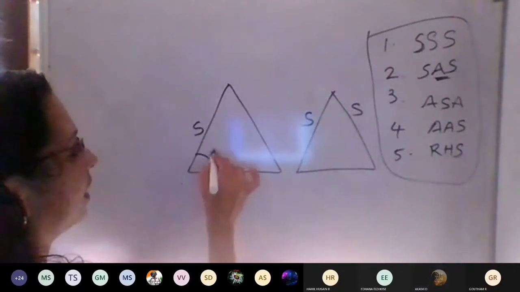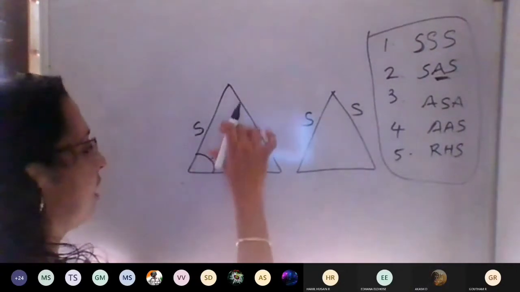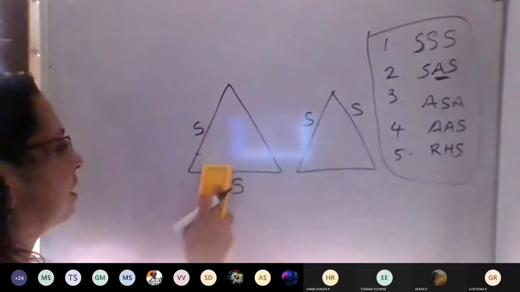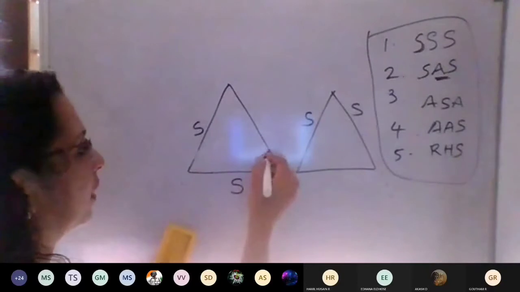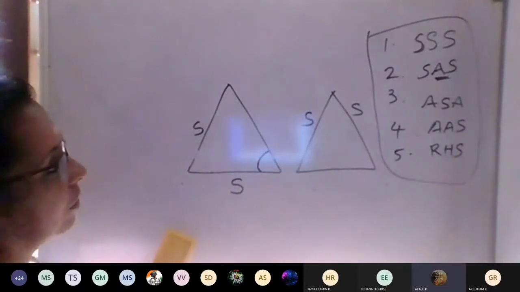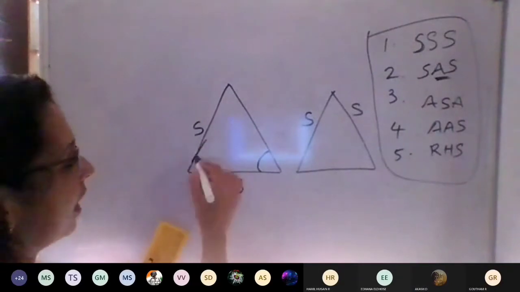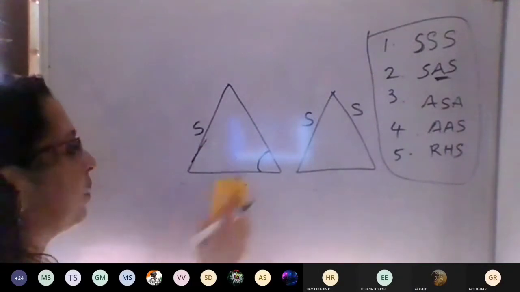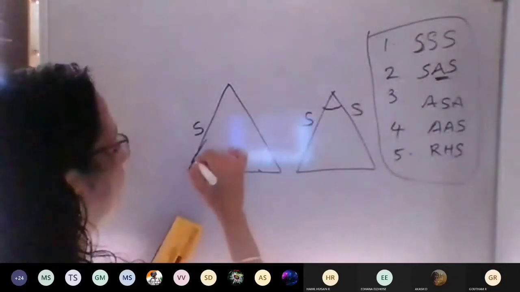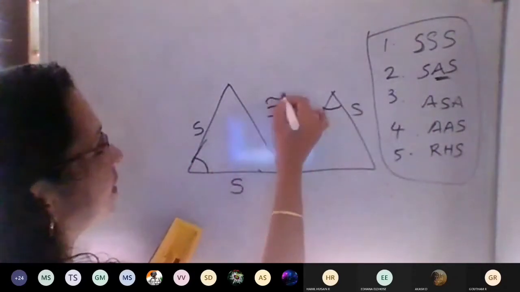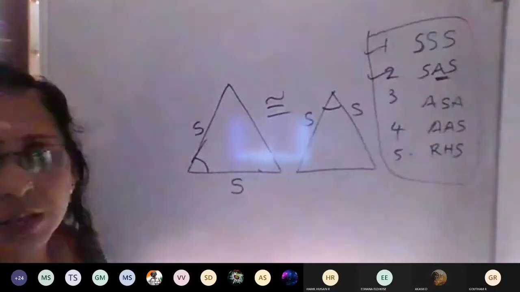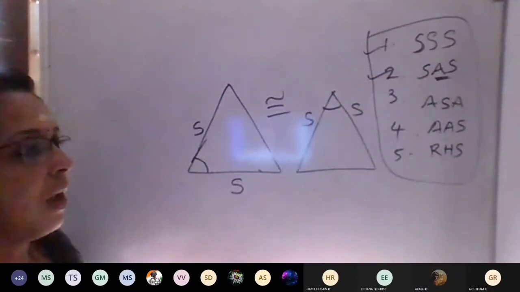If this other angle is equal, we can't say SAS. It should lie in between. So we can say SAS when the included angle is between the two sides.